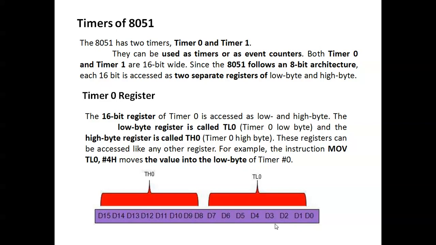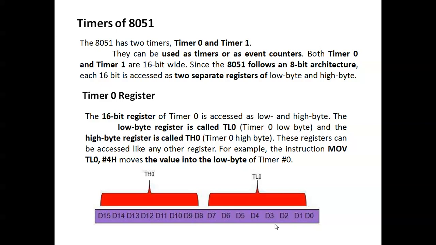Timer 0 register is a 16-bit register accessed as a low and high byte. The low byte register is called TL0, timer 0 low byte, and the high byte register is called TH0. These registers can be accessed like any other register. For example, the instruction MOV TL0, followed by a value, moves that value into the low byte.